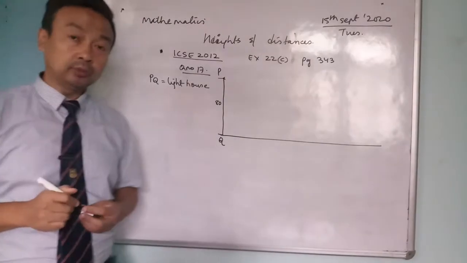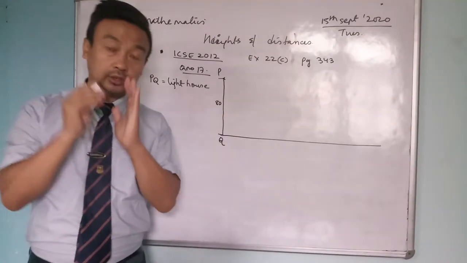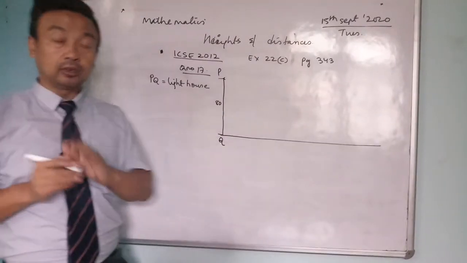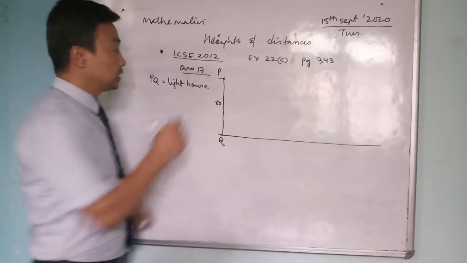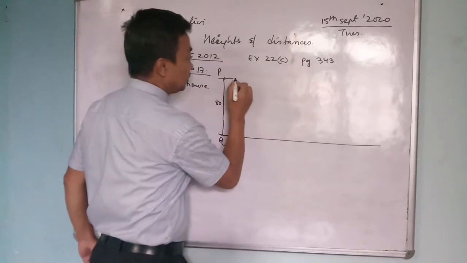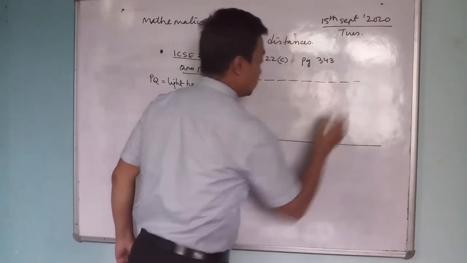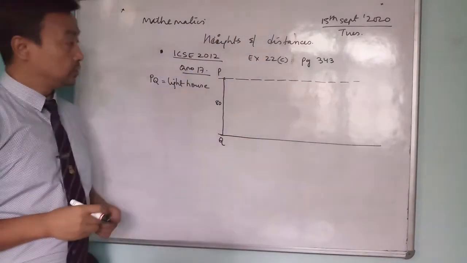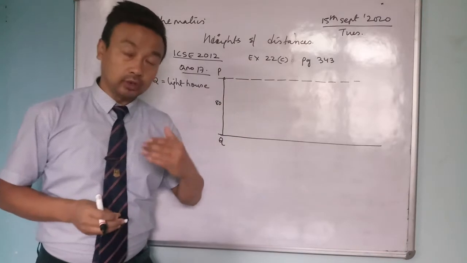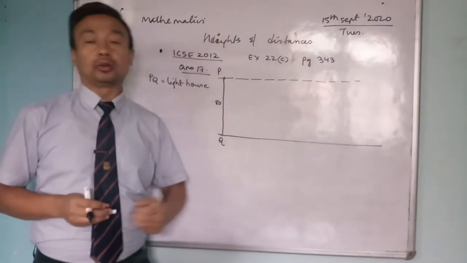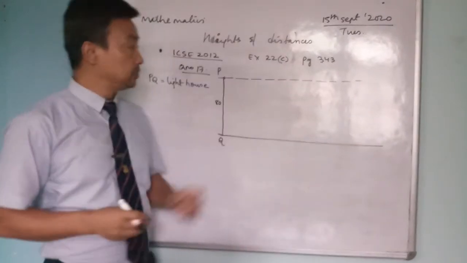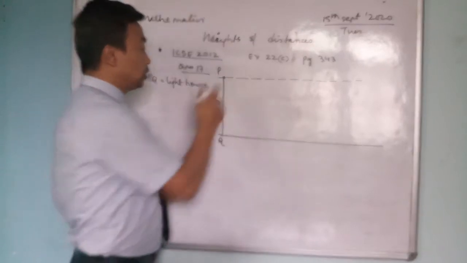From the point of observation, the first thing you have to draw is the horizontal line. This is the base line from which the angles of elevation or angles of depression can be made. So now this is the point of observation.